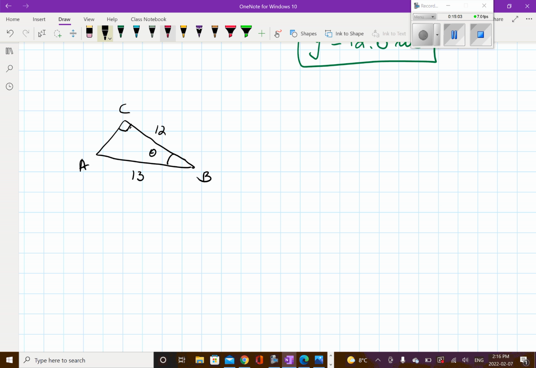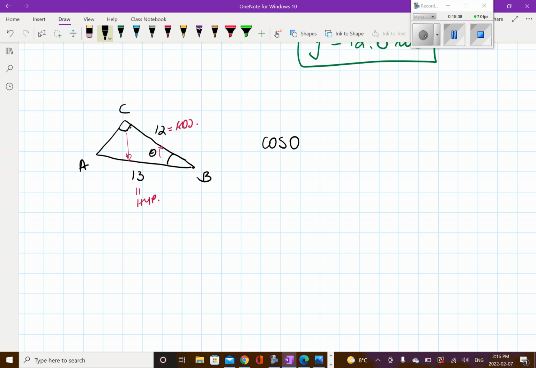So let's start by labeling the sides, since the side that is opposite to 90 degrees is always the hypotenuse. 13 will be the hypotenuse, and in relation to the asking angle, 12 will be adjacent, and then you'll ask what is that trig ratio that relates the hypotenuse and the adjacent, and that will be cosine.